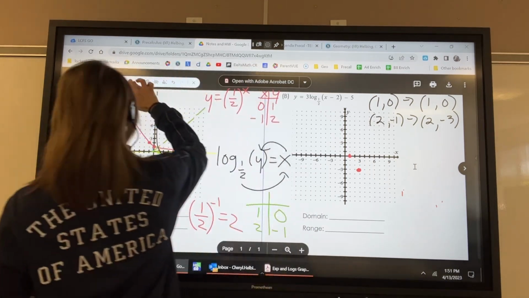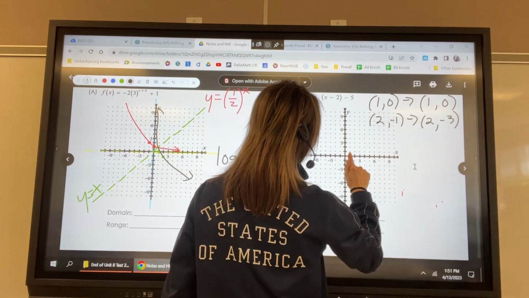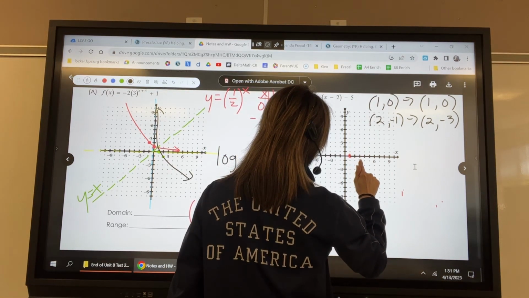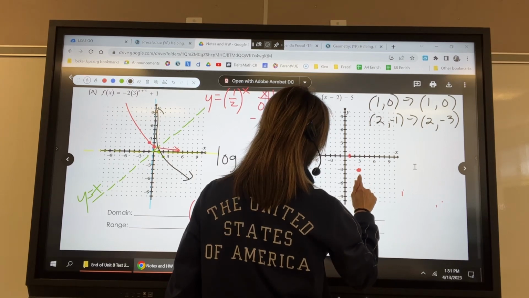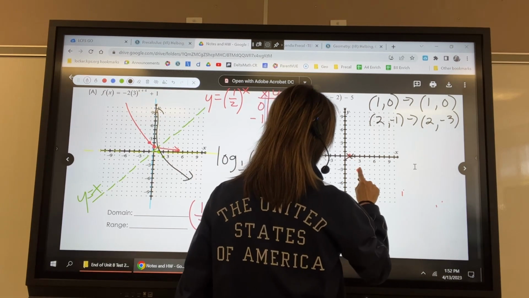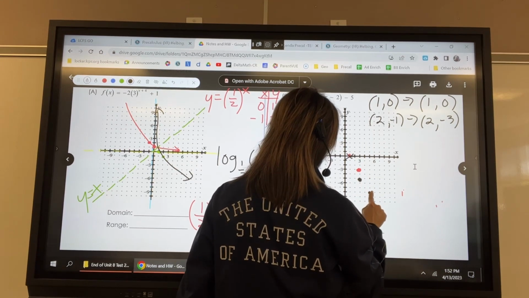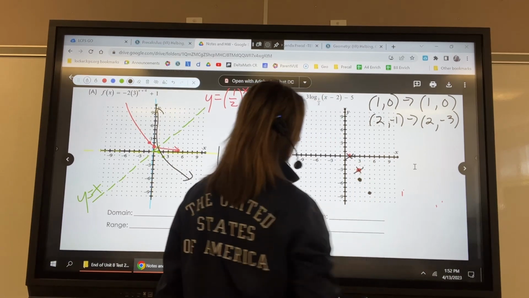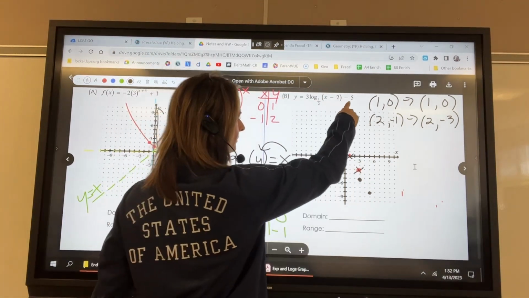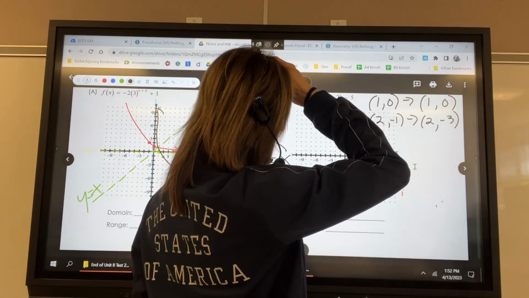Okay, and then I'm going to X those out because I'm going to move them. I'm going to move them right 2 and down 5. That one's going there. And then this one right 2. That's at 3, -3. Oh no, but we're horizontally shifting. Did I plot it wrong?